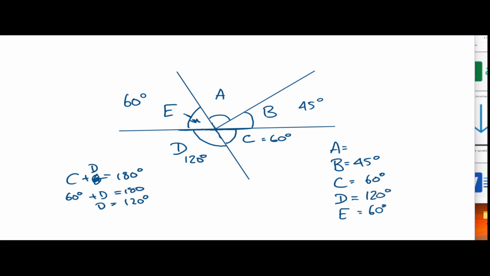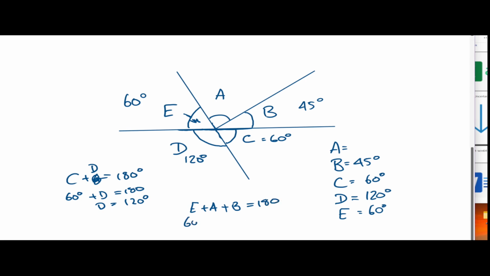Okay, now A, B, and E here are all on the same straight line. So E plus A plus B must also add up to 180 degrees. But we know that E and B are 60 degrees and 45 degrees. So E plus A plus B add to 180 degrees.